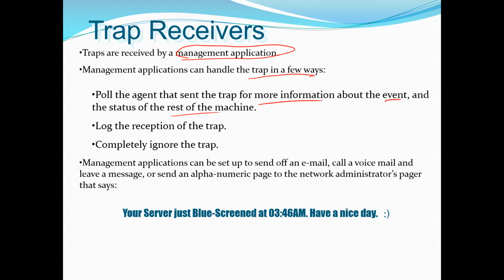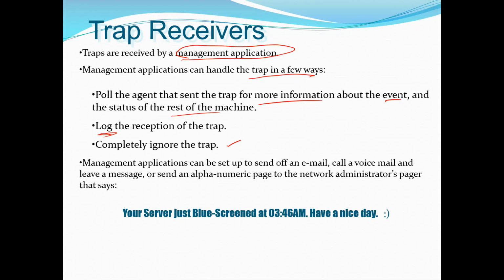I'm going to do an SNMP walk, look at all the data, and then make a decision. They could also get the trap and just log it, right? So computers log pretty much everything, most likely. So you log it, or you could actually completely ignore it. So if you get a trap, but you kind of know, oh, that computer always sends that trap, but it's nothing critical, you can also ignore it with your system.